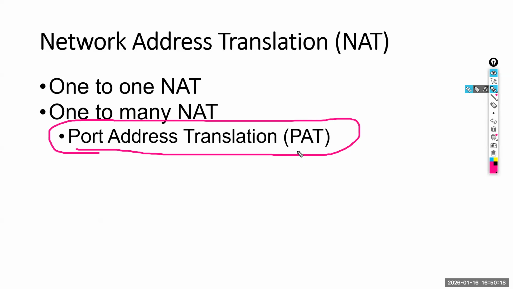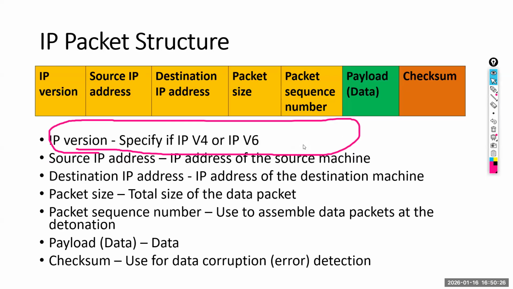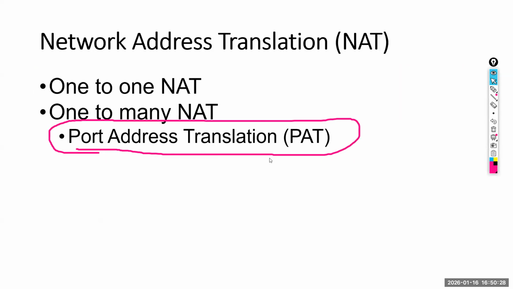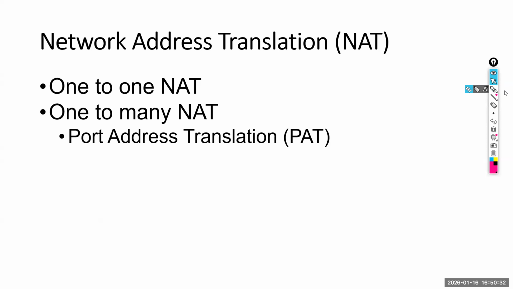Sometimes we call it PAT. Port address translation is a special case of network address translation. But how it is done, let's not discuss. Just a rough idea about what it is. Not beyond that.